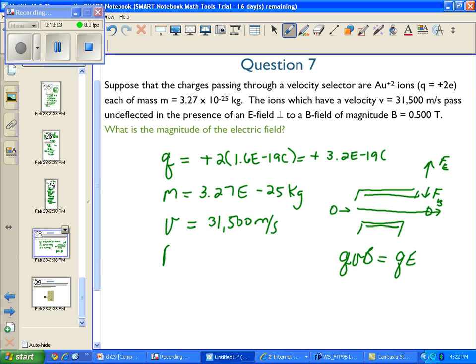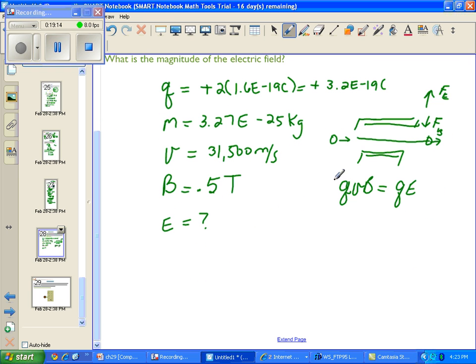Anyway, we're told the value of the magnetic field in the velocity selector is 0.5 tesla, and they want us to calculate what must be the value of the electric field for these charges to emerge undeflected. From this relationship, the undeflected ones will have qvB equal to qE, which means that E is equal to the magnitude vB.